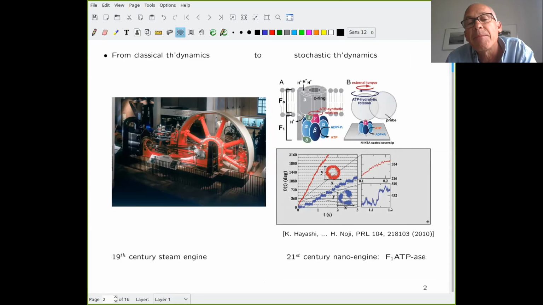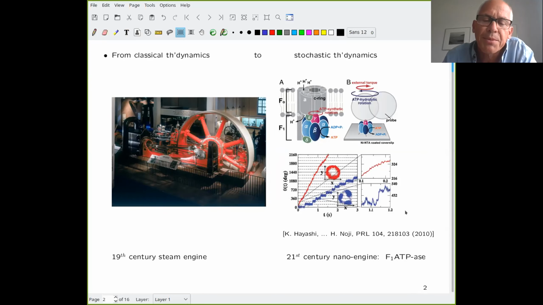We see single traces, we see fluctuations. And one of the questions is, for instance, how efficient are these molecules? As I will show you, the thermodynamic uncertainty relation will give a quite surprising insight into the efficiency of such motors, of real motors, not toy models, but real systems, real experimental data.